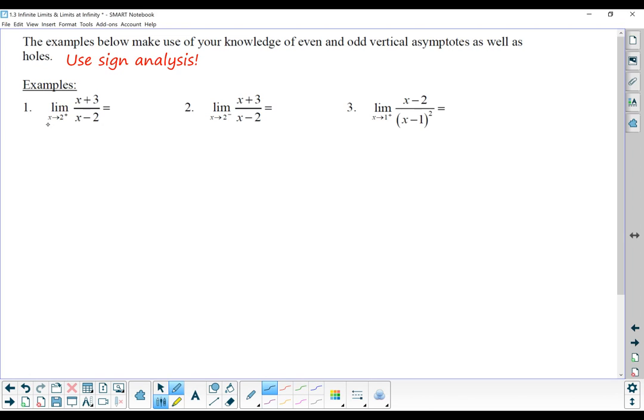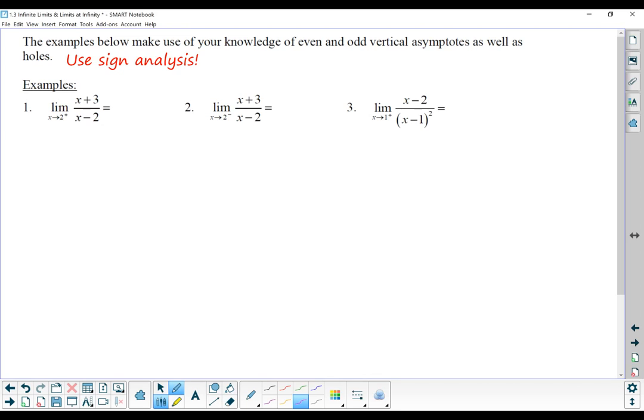The first one is the limit as x approaches 2 from the right side. Always check direct substitution first. If we substitute, 2 plus 3 would give us 5 on top and 0 on the bottom. So we can't use direct substitution because 5 divided by 0 is undefined.